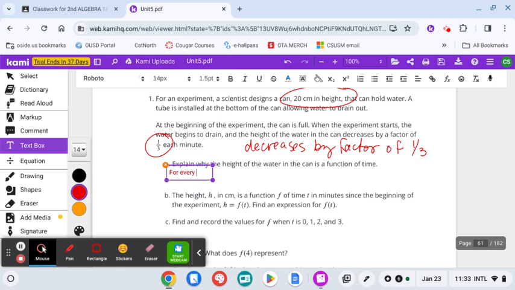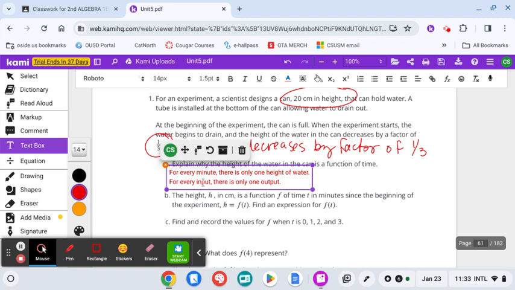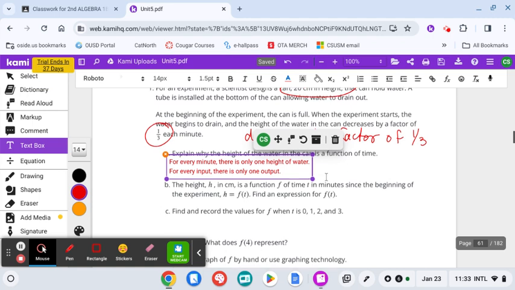For every, is this hours or minutes? So just like saying for every input, there's only one output, we're saying for every minute, that's our input, there's only one height, that's our output.